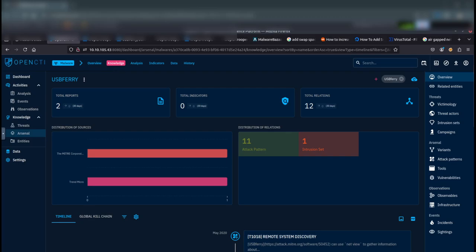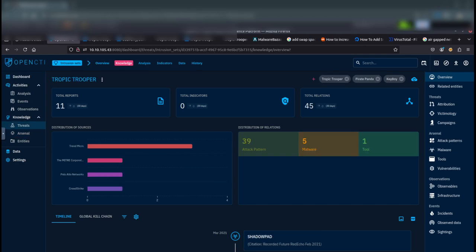Knowledge, attack patterns. 11. Sorry for that one. Tropic Trooper, 39. This is it.